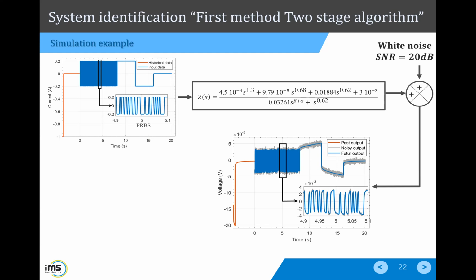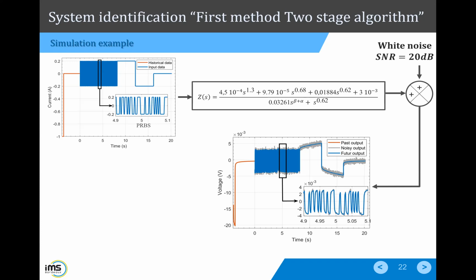Here, for this example, we decided to use as an input a pseudo-random binary signal with steps of current for charge and discharge. Before that, we did a discharge period, and applied it to a model of the battery we chose.